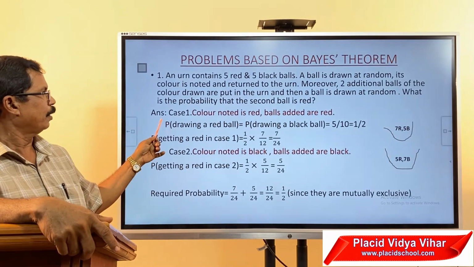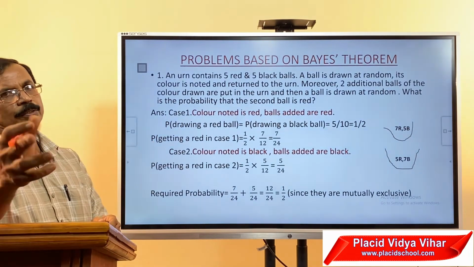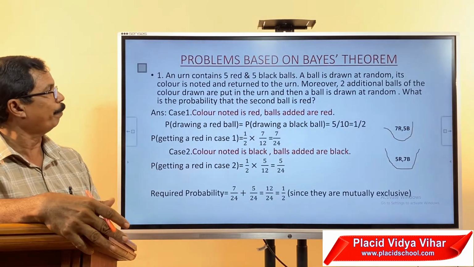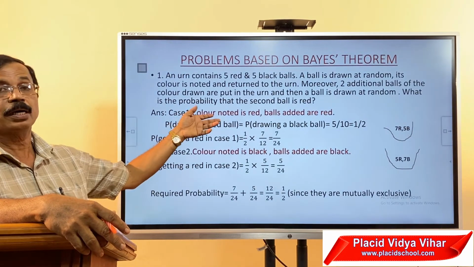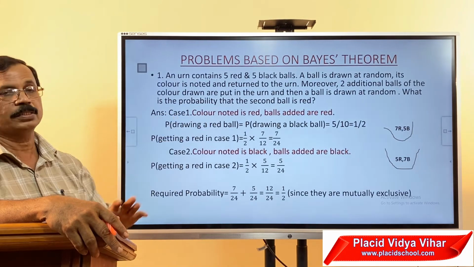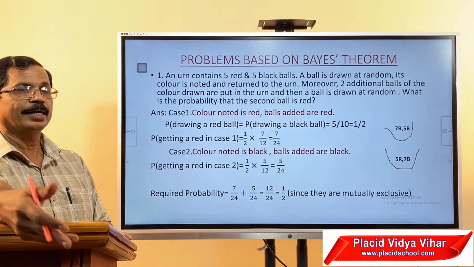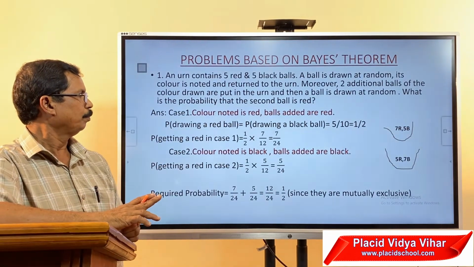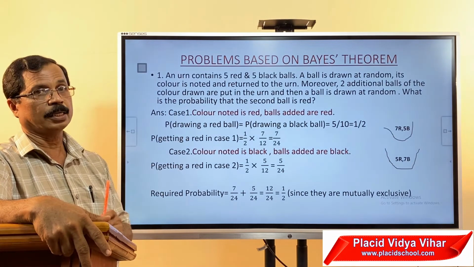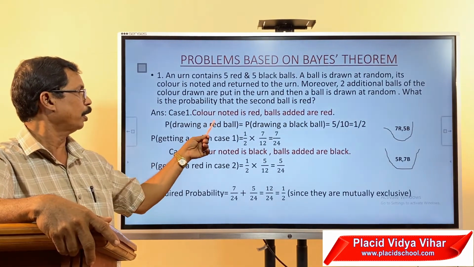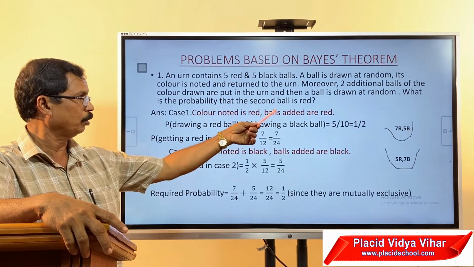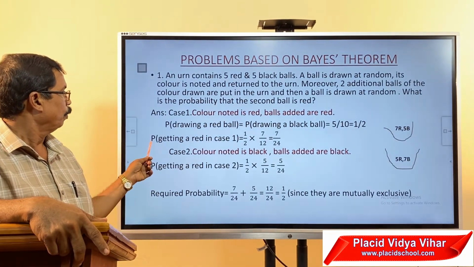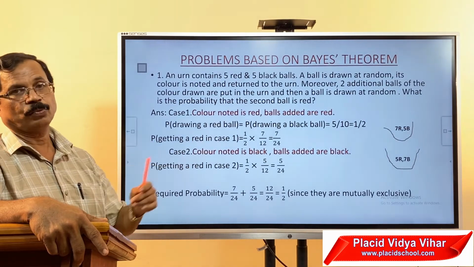There are also different cases. Case 1. When you take a ball from the urn, it may be red or black. So we are considering the first case, that is, the color noted is red and the balls added are also red. Then probability of drawing a red ball: you know, totally there are 10 balls. So what is the probability of getting a red ball and what is the probability of getting a black ball? Both are equal to 1 by 2. Now probability of getting a red ball in case 1.